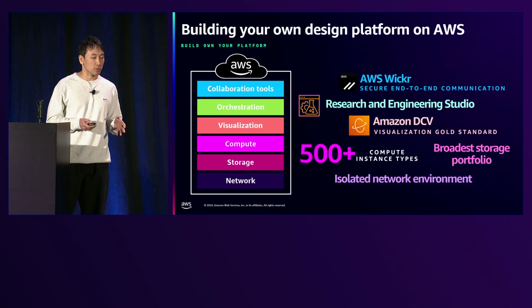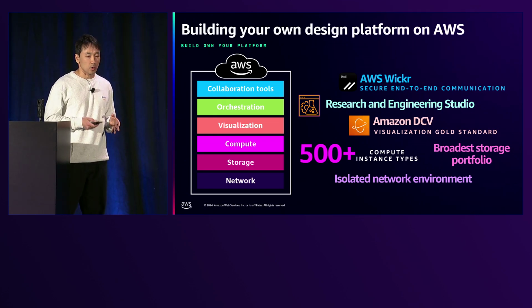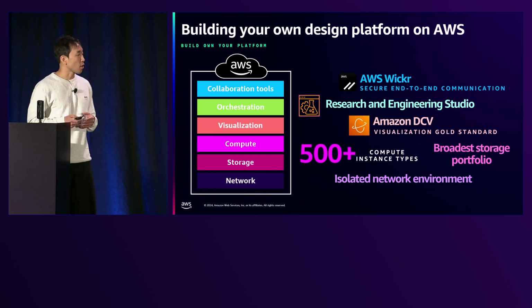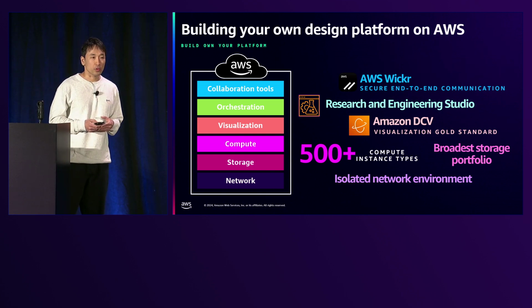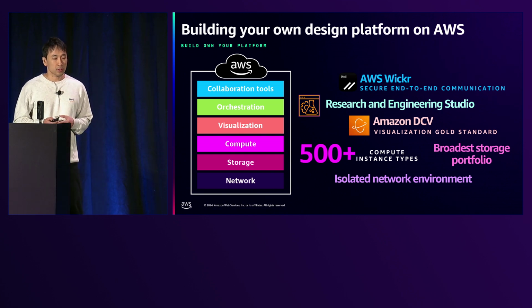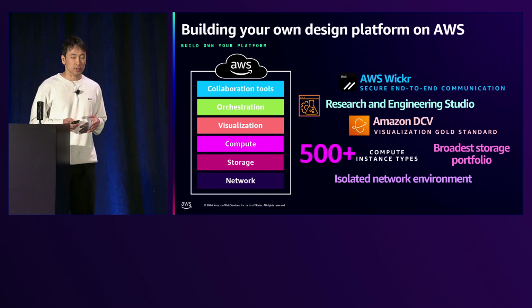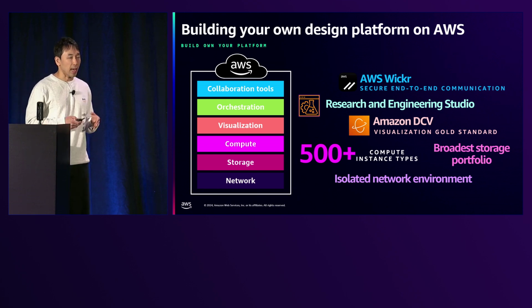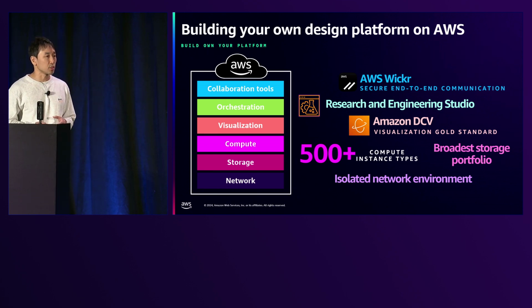Beyond the infrastructure, AWS also offers virtualization and orchestration to manage VDI and your users. Also, you can communicate securely only within the platform with your designers. Most of these services are managed services, so you can easily and quickly build your platform according to your business requirements.